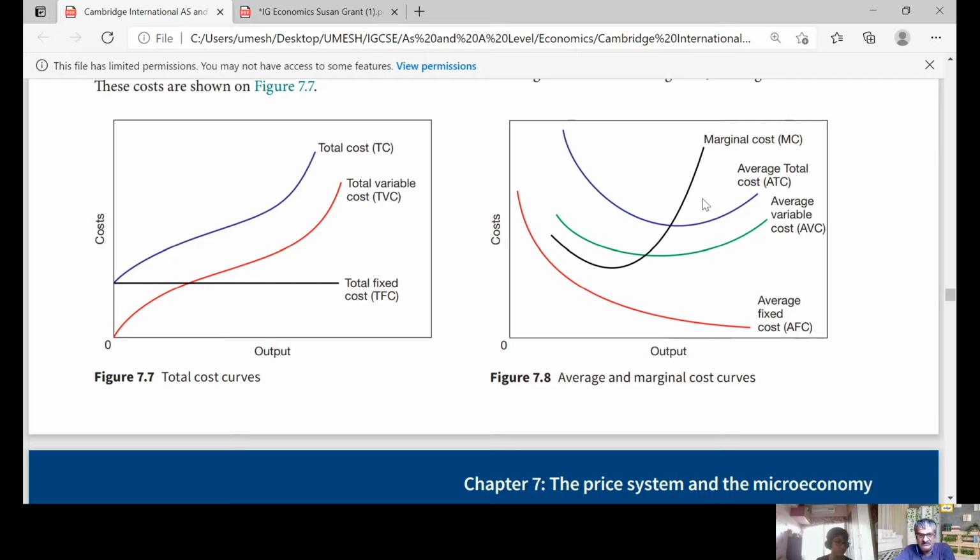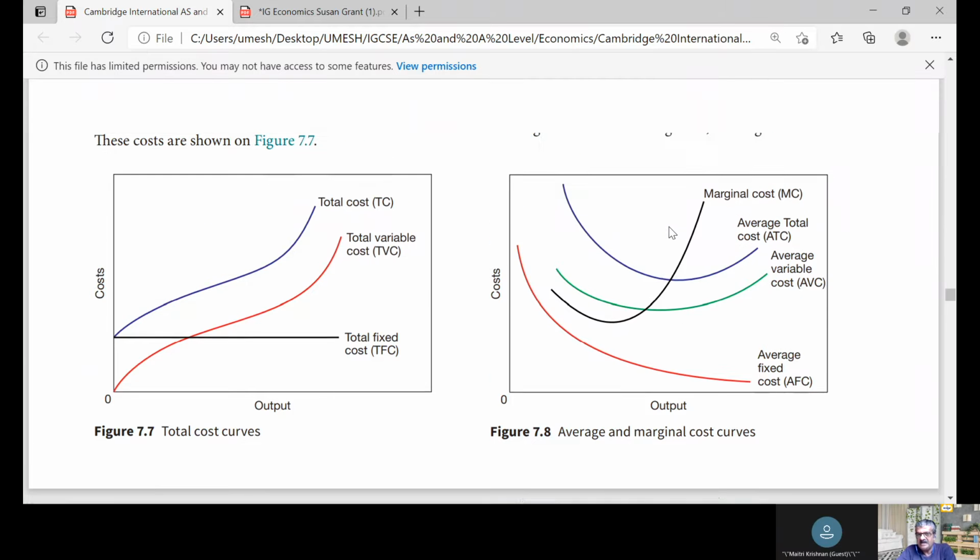So marginal cost initially will drop down, and as you increase the output, after reaching the minimum level, it will increase and it will cut average total cost from below. It will intersect average total cost from below. That you are supposed to remember.